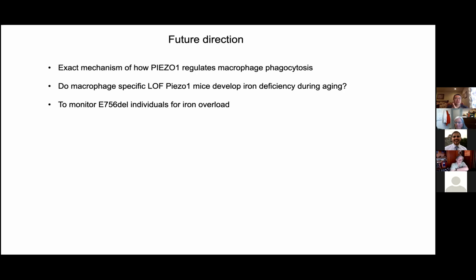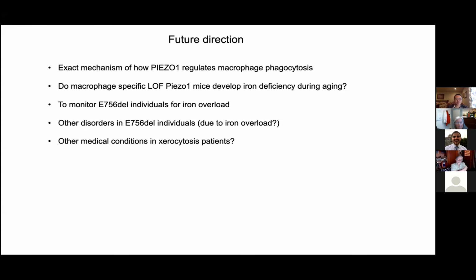And then, as I mentioned, it is important to monitor those African American individuals who carry this allele for further potential development of iron problems, including the overload. And then, are there other disorders in these individuals, and whether those potential effects are due to iron overload or due to some independent mechanism dependent on piezo-1.